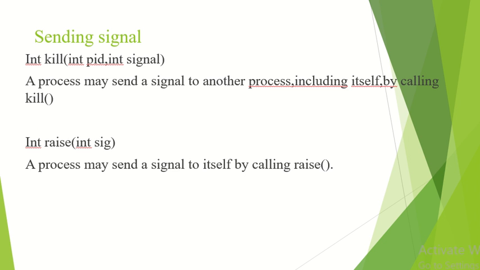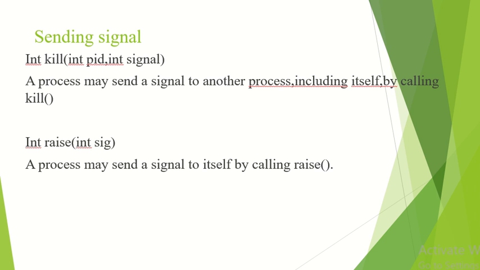These system calls are called by processes for generation of signals. Int kill: a process may send a signal to another process, including itself, by calling kill, and raise means a process may send a signal to itself by calling raise.